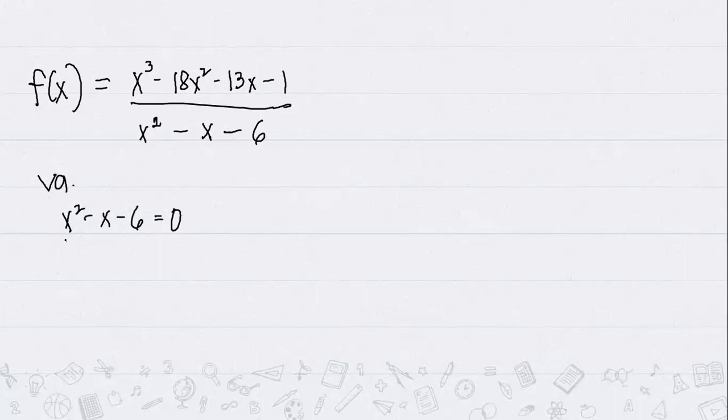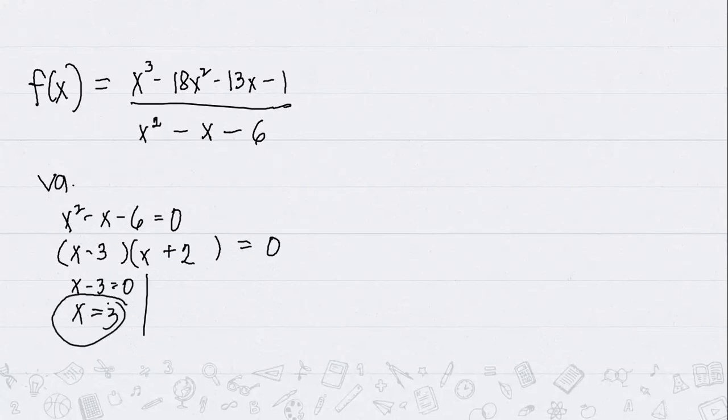We all know this can be factored. What are the factors, class? x minus 3 and x plus 2, equals 0. So x minus 3 equals 0, so x is equal to 3. x plus 2 equals 0, so x is equal to negative 2.